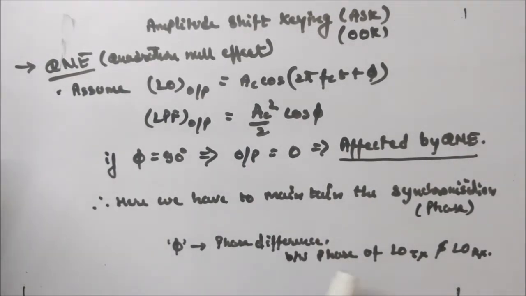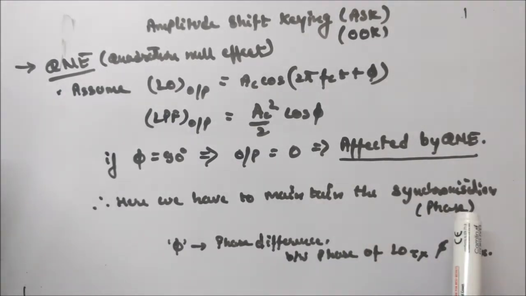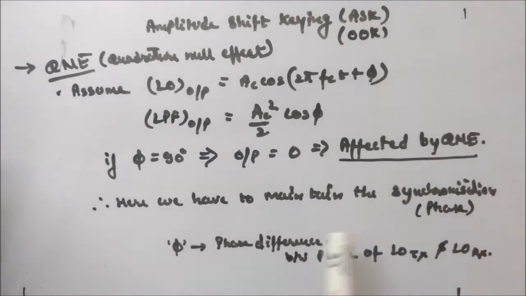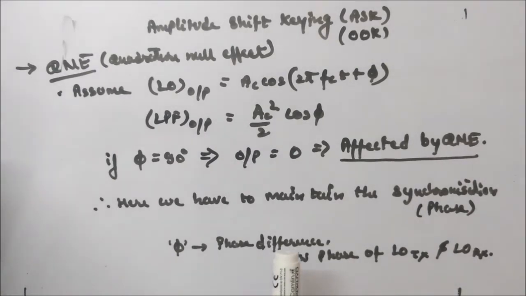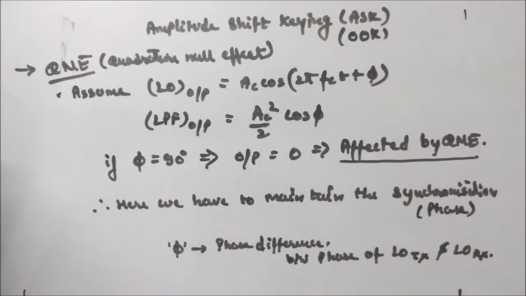This is a big task. That is why this problem has to be corrected all the time. The synchronization should be proper between the receiver and the transmitter. That's what you call synchronization.